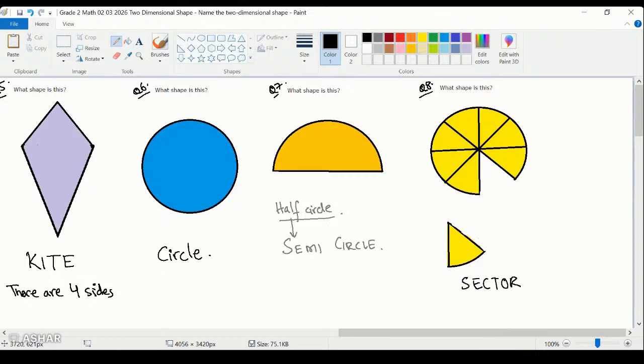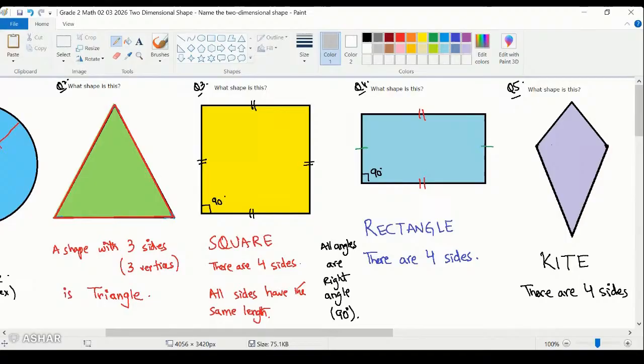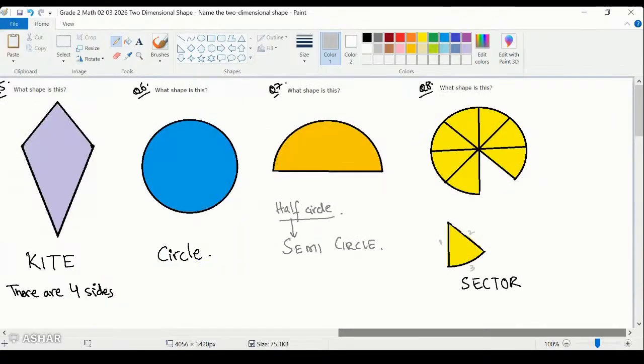Even though this question number 8 has 3 sides, right? It has 1 side, 2 sides and 3 sides, and we know that a 3 sided shape is always a triangle. Agreed? But why is this not a triangle? Because the outer part is part of the circle.